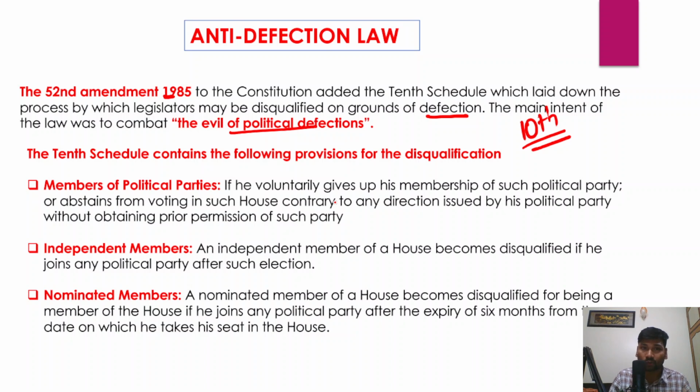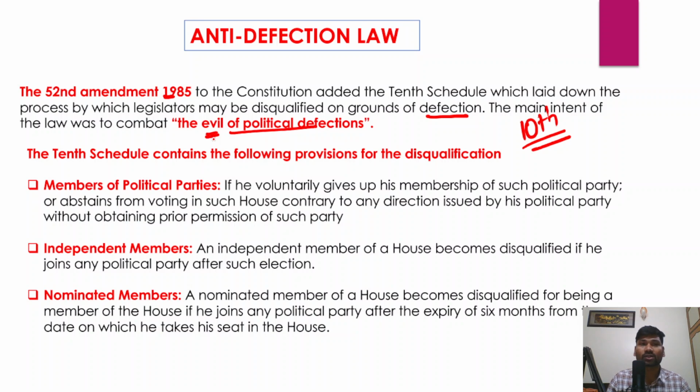So in order to counter the evil of political defections, this law has been passed. Now we will understand the major provisions included in it. Any member of a political party can be disqualified from being a member of the state legislature or the Parliament on certain grounds mentioned in the anti-defection law.